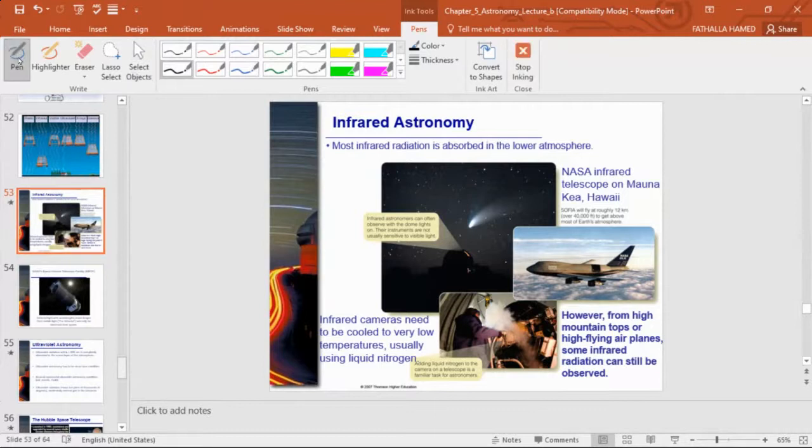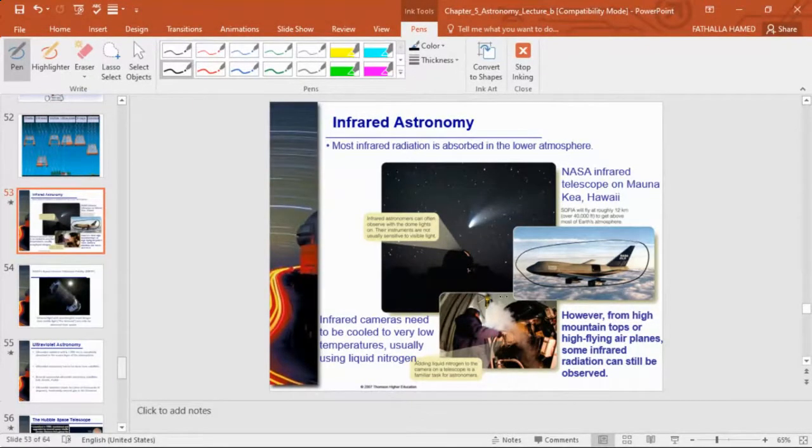You can see here that you have high flying planes. They can be as high as 40,000 feet above the ground, while the airplanes that you travel in are usually at about 30,000 feet. They go high enough, and they need detectors to detect the infrared.